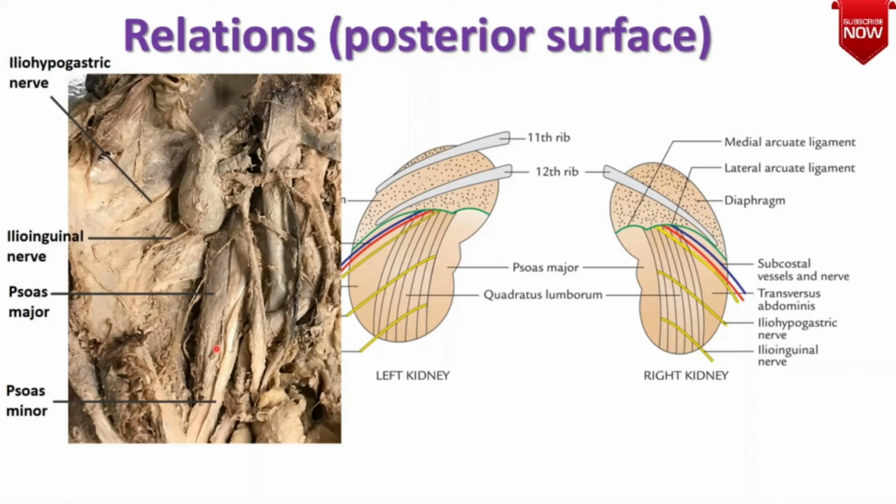The most medial muscle is psoas major muscle, and this one is the quadratus lumborum muscle. On the anterior surface of quadratus lumborum muscle, you can appreciate the iliohypogastric and ilioinguinal nerve. You can also appreciate the psoas minor muscle over here on the anterior surface of the psoas major muscle. It is occasionally present.